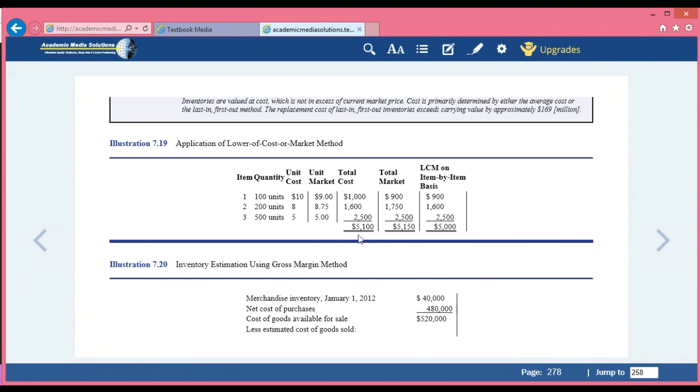It has a cost of $5,100, and it has a total market value of $5,150 if you look at it in total. But at lower cost to market on an item by item basis, it's only $5,000. So in that case, if they want to, they can mark their inventory down by $100. If they do it in total, you don't mark it up. You only mark it down if you've had a loss in value.